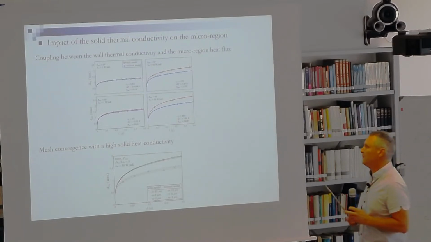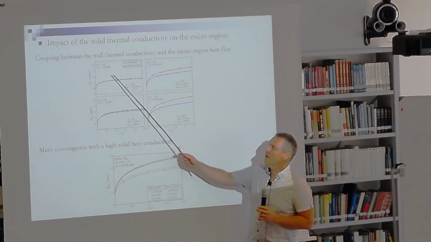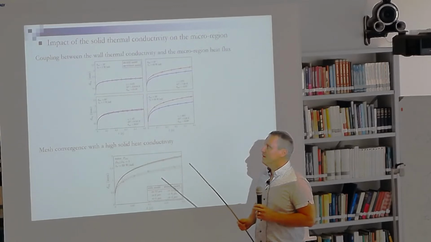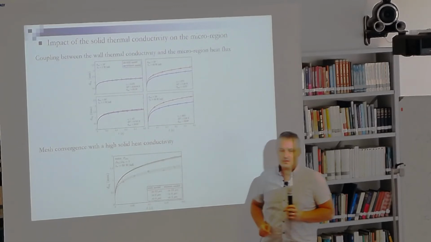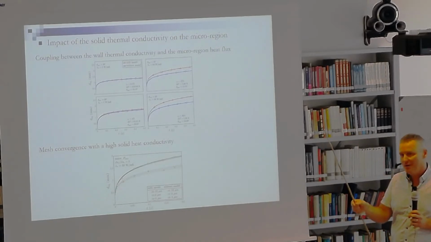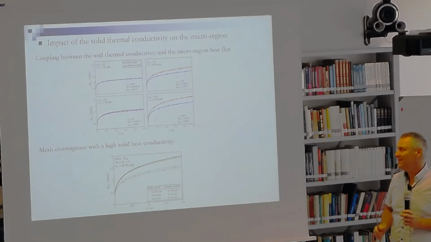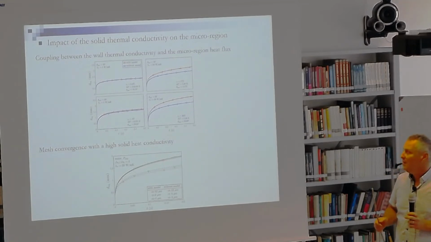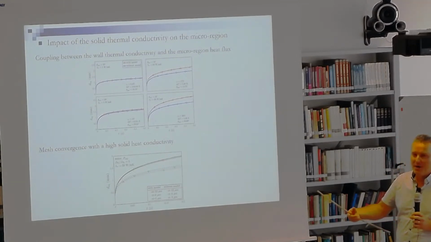In fact, what we observe is that for low conductivity, the microregion tends to disappear because there's no temperature discontinuity at the contact line. Maybe I propose to assume that we have a thermal equilibrium.